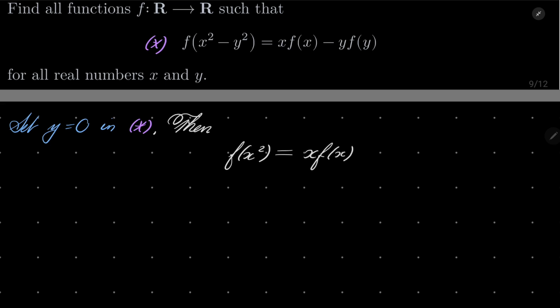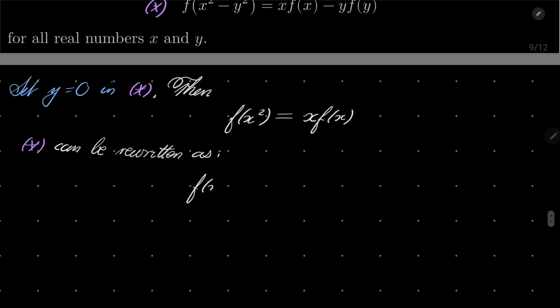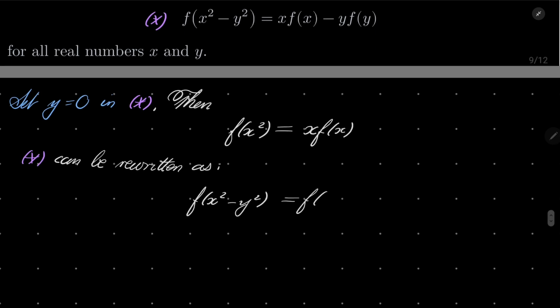Okay, and using that, our condition asterisk can be rewritten as f of x squared minus y squared equals, instead of x times f of x, we can put f of x squared. So f of x squared minus f of y squared.